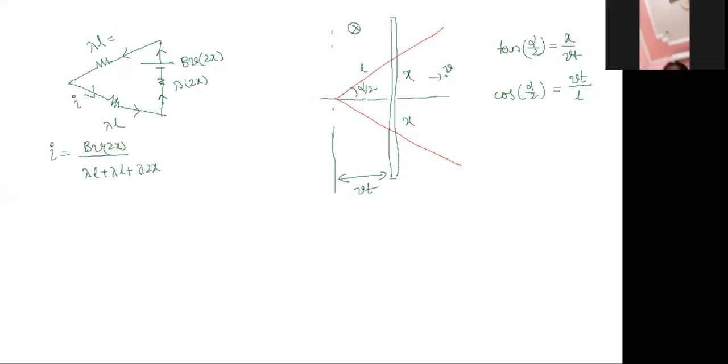Whatever energy was stored initially in the inductor becomes heat energy developed in the resistor. So half L I2 squared, with I2 equal to I1 by 5, gives L I1 squared by 50. This is H. Substitute I1 equal to E by R.